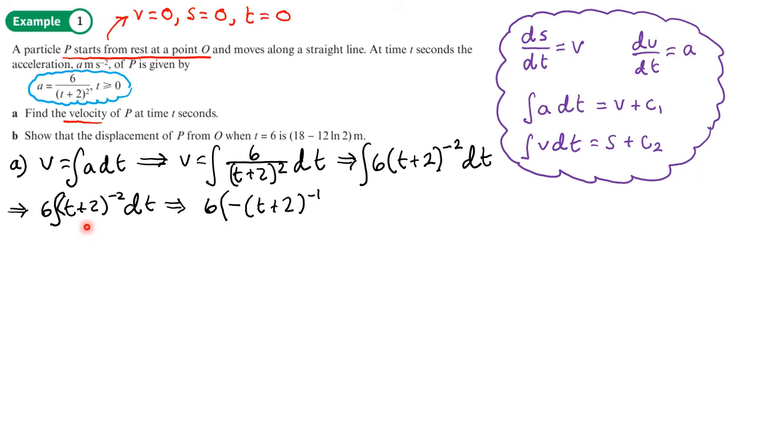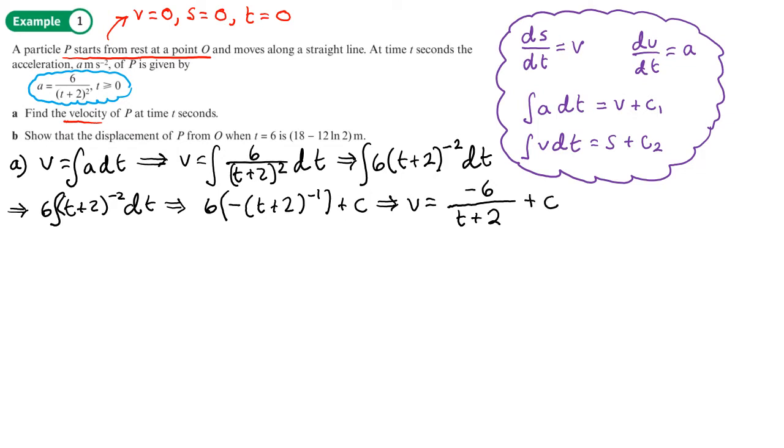Then we multiply by the inside differentiated, which is just 1. So we just get this plus c, which is what v is. So let's tidy that up. Let's write it as v equals negative 6 over (t plus 2) plus c.